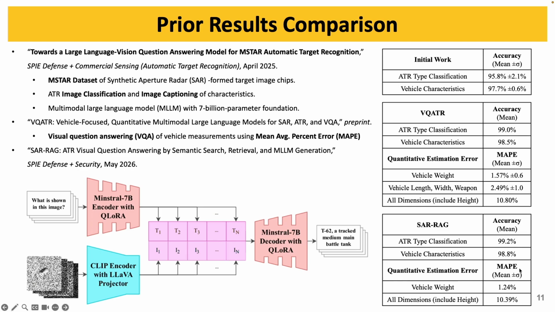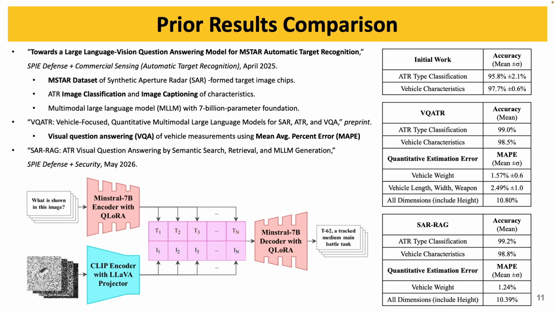Here are those papers that I mentioned. At the top is a paper that we presented last year. The VQ ATR is a journal paper that we're working on right now that starts to talk about this quantitative estimation of vehicle ATR characteristics, and then the SAR-RAG system that we just talked about.